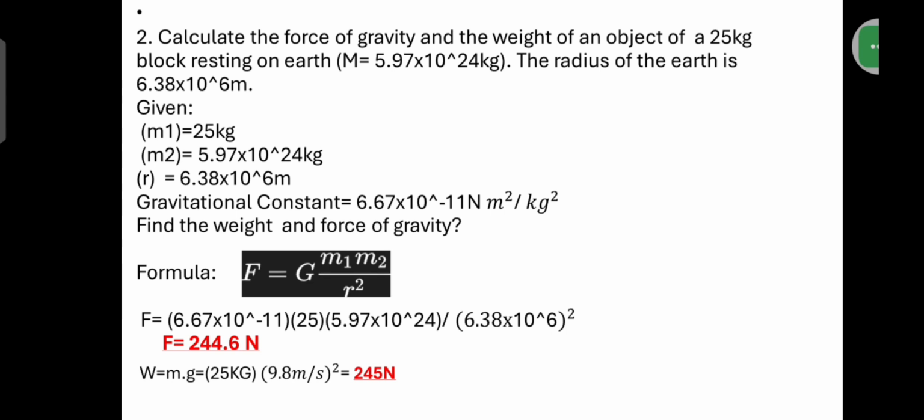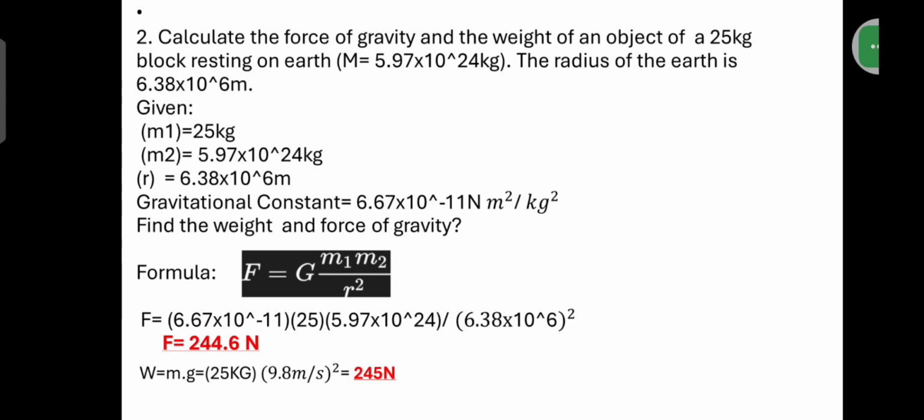First, we are going to find the force of gravity. In getting the force of gravity, we have to use the formula F is equal to G times M1 multiplied by M2 over R squared. Let's substitute it.